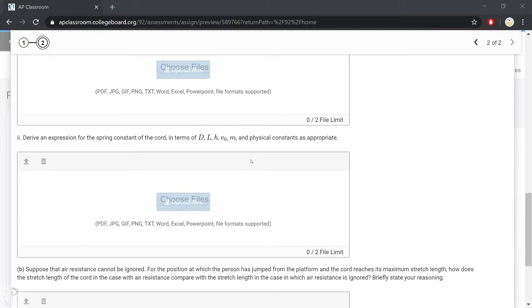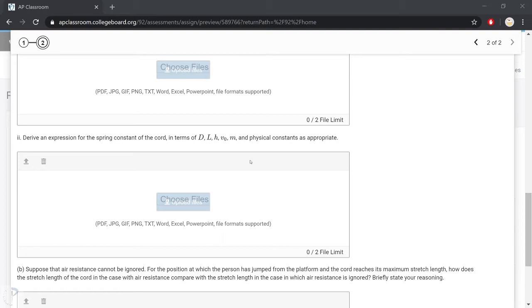Derive an expression for the spring constant of the cord in terms of d, L, H, v0, m, and physical constants as appropriate. Now, the distance we traveled is L, the natural length, plus the actual stretched amount.